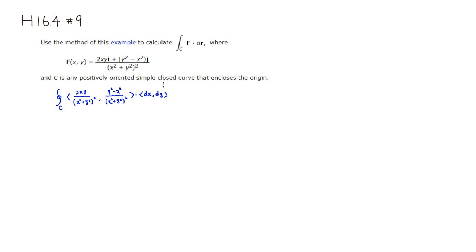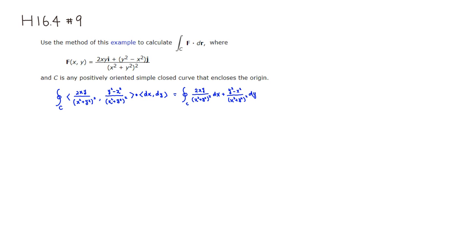So if you multiply this out, you're going to get this. You have an integral over C. This is a dot product, so you're going to multiply 2xy over quantity x squared plus y squared, squared dx plus y squared minus x squared over quantity x squared plus y squared, squared dy.